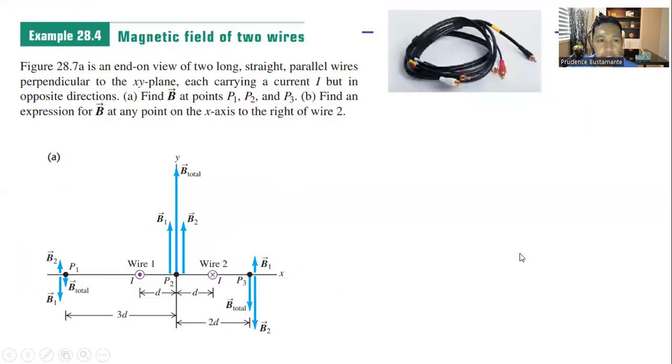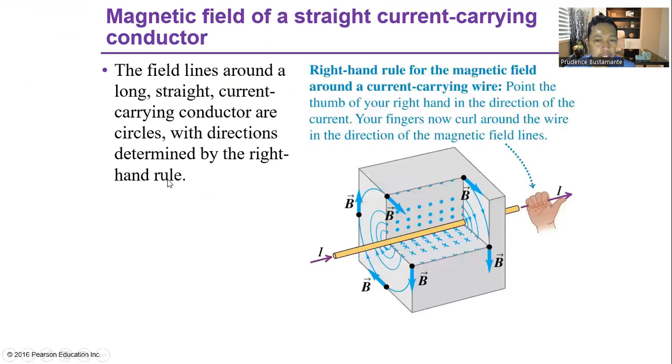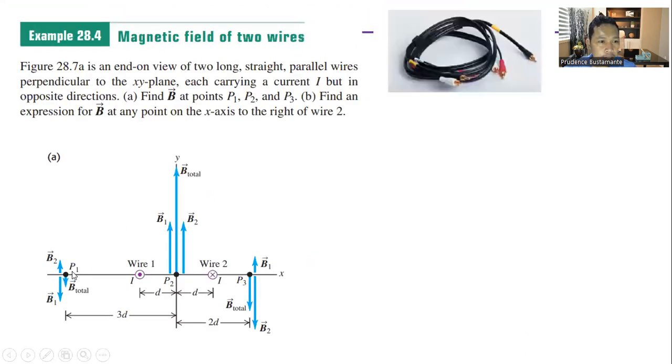Here we are asked to find the magnetic field at points P1, P2, and P3. We can find the magnetic fields B1 and B2 due to wires 1 and 2 at each point using the ideas of this section. Then the magnetic field B is equal to B1 plus B2.